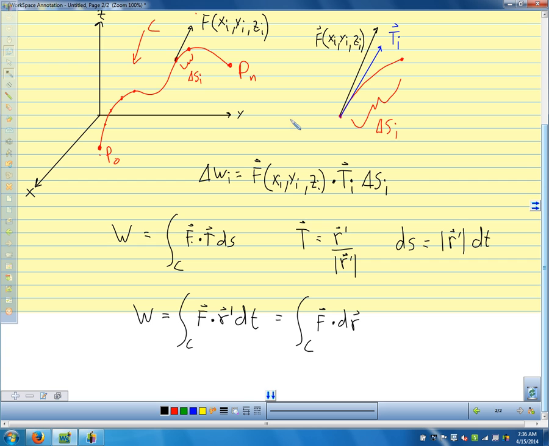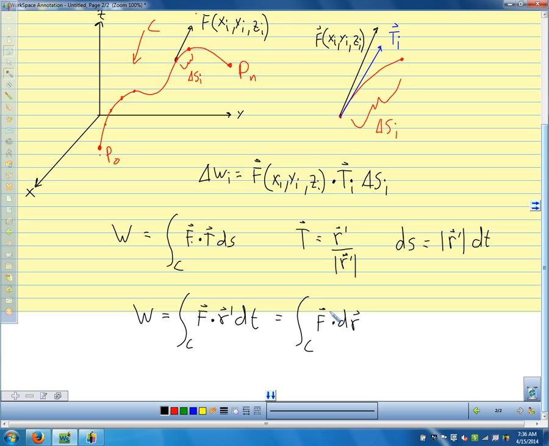So we good with how we came up with that idea? So we're going to use this idea of the work done by a force moving a particle along a curve to define a line integral of a vector field for any vector. So we're not necessarily talking about a force. We're not necessarily talking about work.